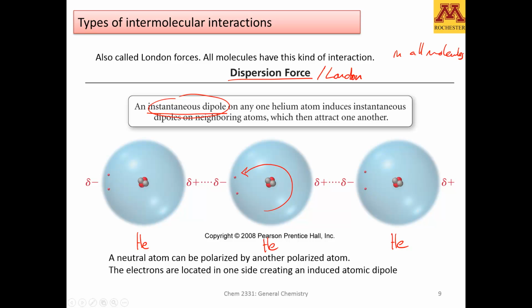Helium, of course, doesn't have a dipole, and yet in the solid state, the atoms of helium interact with each other through only dispersion forces. The dispersion force is this instantaneous dipole that induces a dipole in the neighboring atom. This will be very weak, but it definitely holds the atoms together for a certain amount of energy.